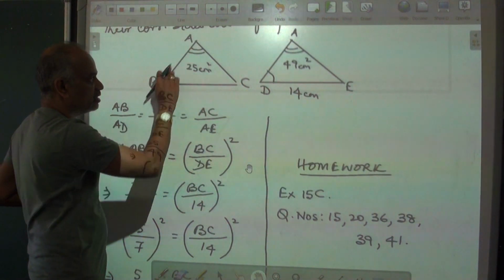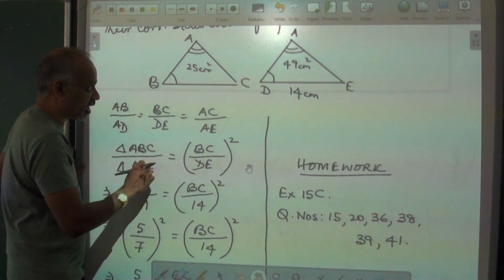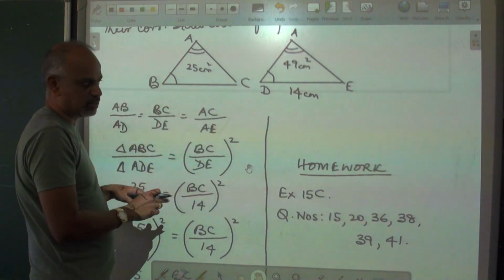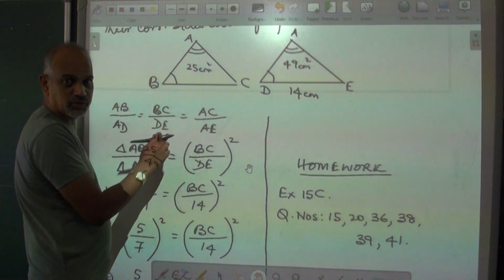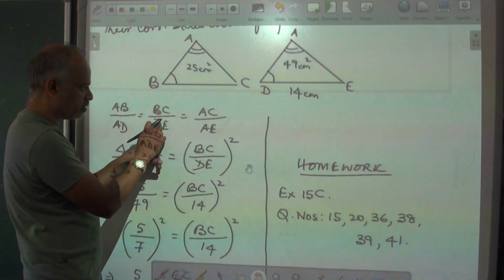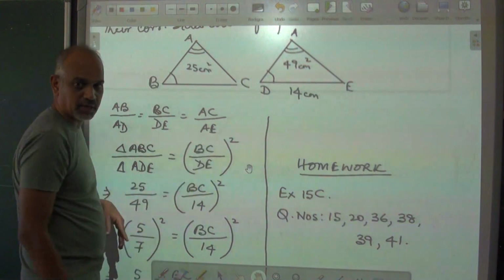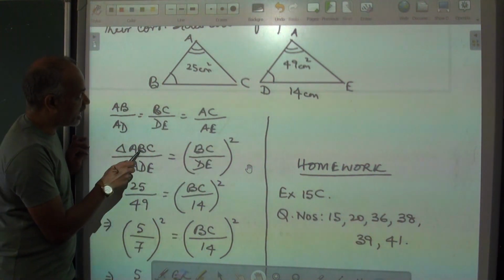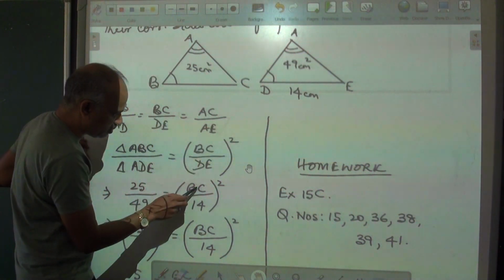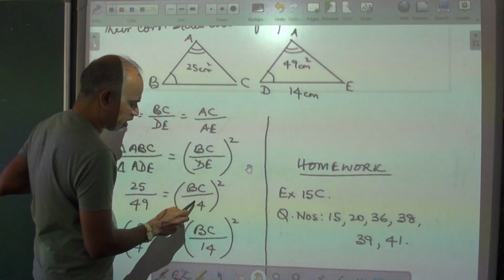Triangle ABC divided by triangle ADE is equal to, you have to take one of these and square it. One of them which you know is this, because DE is known. So you have to use this, BC by DE whole square. Put the values. Triangle ABC's area is 25, by this one's area is 49, is equal to BC, you don't know, by DE was given as 14 whole square.